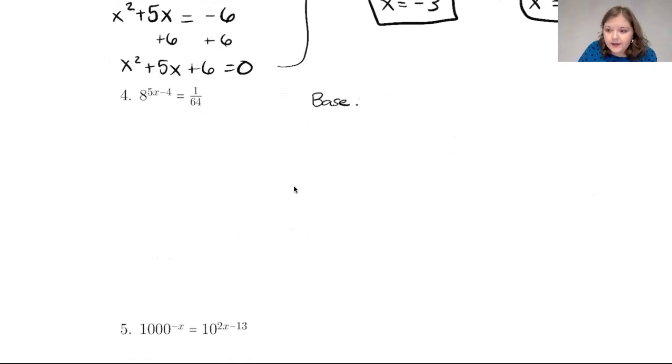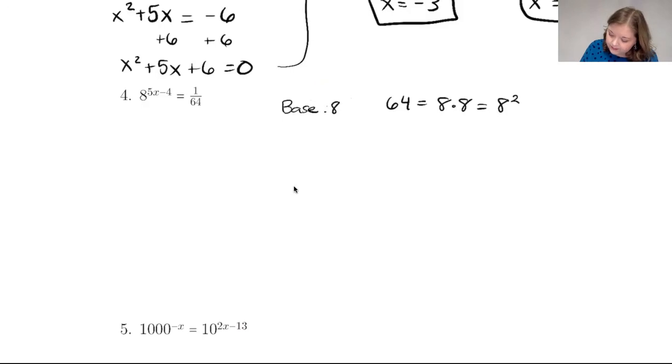So we know that 64 is 8 times 8, which is 8 squared. And so we can write 64 as 8 squared, so our base can be 8 in this situation. So our base is 8.